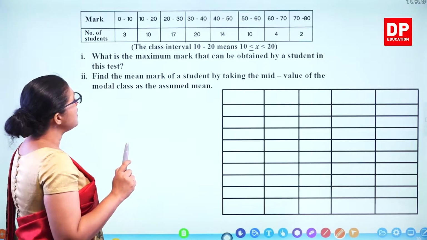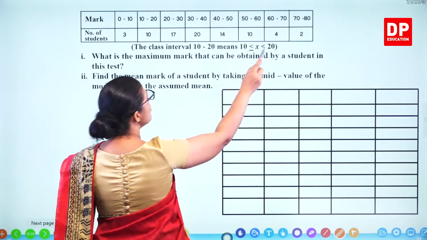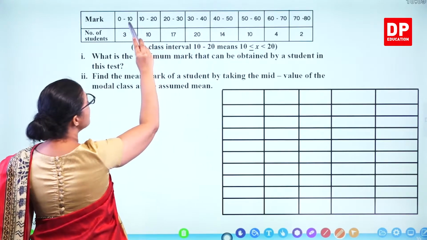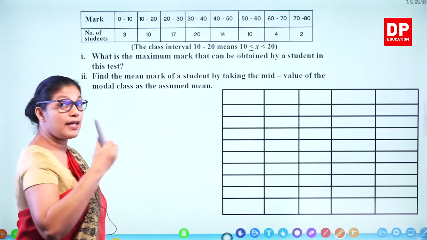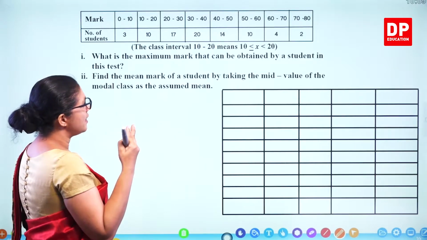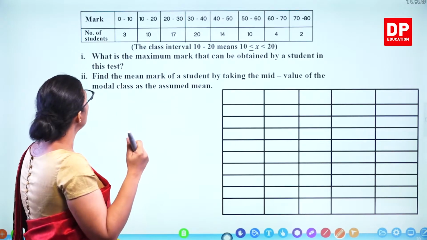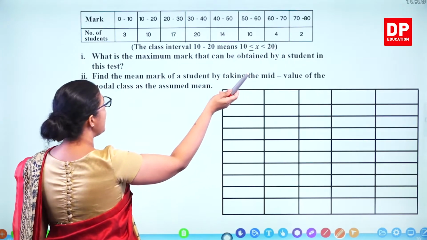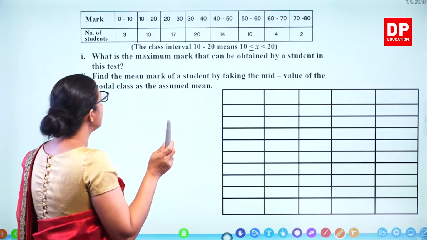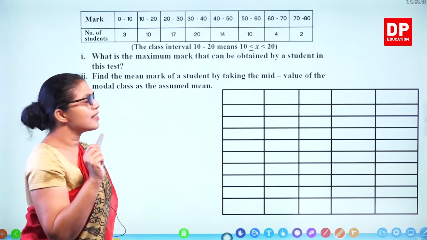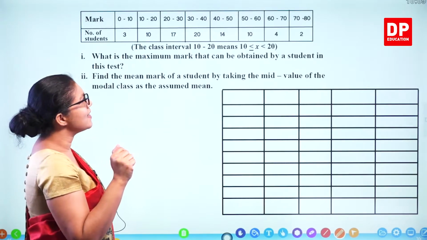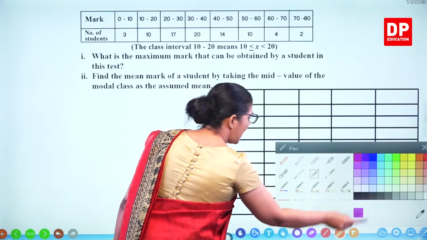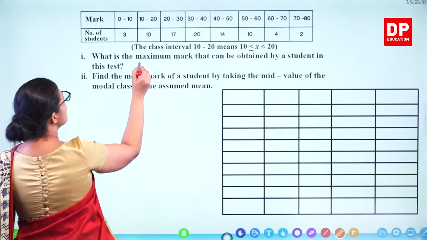When you look at the interval, 10 to 20 means 10 is included but 20 is not included, so the highest value is not included there. When you look at the last interval, 70 to 80, 80 is not included. So what's the maximum mark you can take? That's 79, not 80, because 80 is not included.